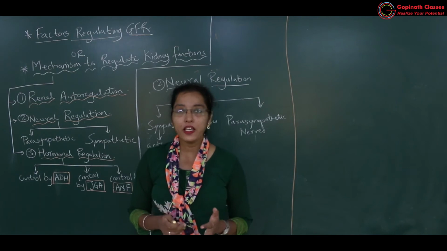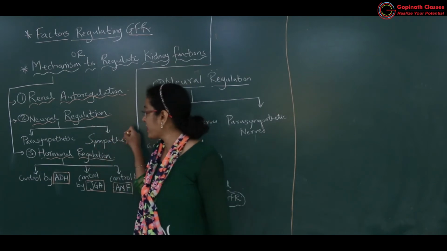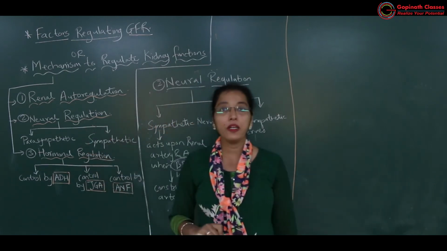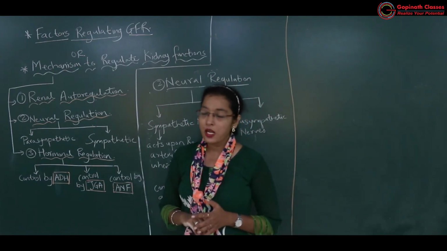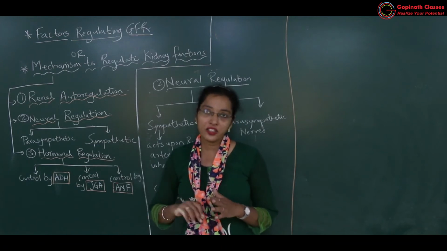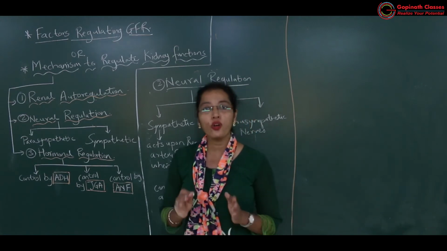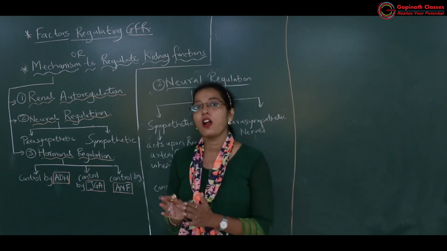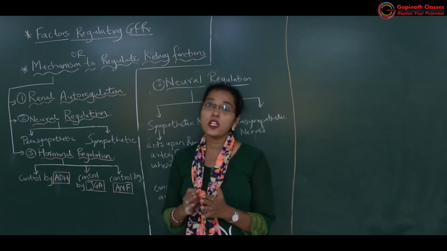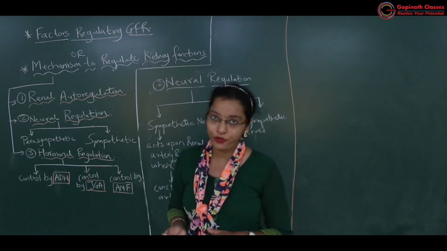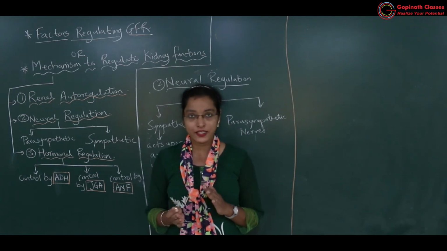यहाँ पे न्यूरल रेगुलेशन में you have to remember that only the sympathetic nervous system plays a very important role in regulating the GFR rate. पैरासिम्पैथेटिक का नर्व्स रहता है या नहीं उसका एविडेंस अभी तक मिला नहीं है. सो ऑल ऑफ यू प्लीज़ रिमेंबर, sympathetic nerves innervate the kidney and regulate the renal blood flow, thus regulating the blood flow in the afferent arteriole, and likewise GFR rate is normalized.